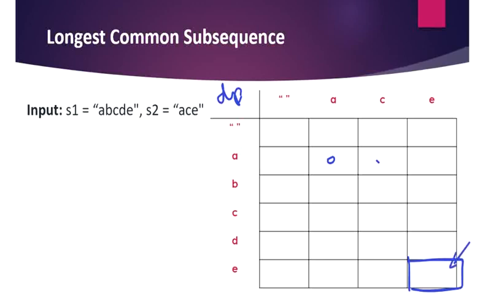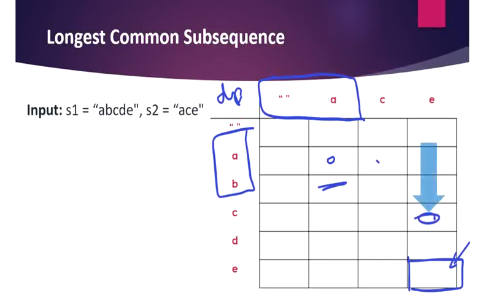For example, if you consider this cell, it is the solution for the longest common subsequence between the string AB and A. Simple. Just randomly check this cell.